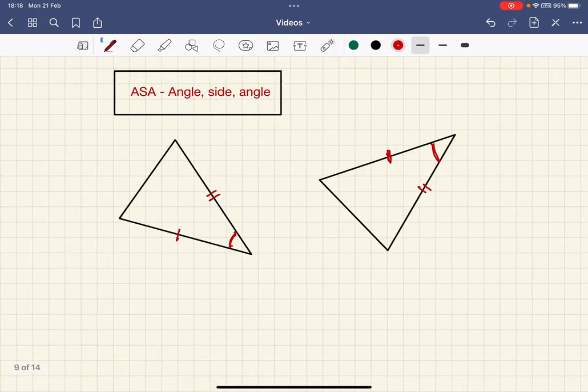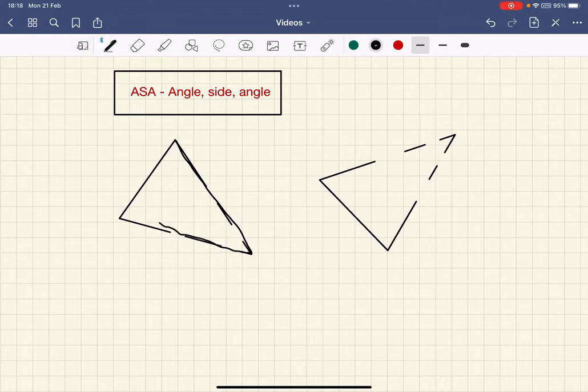Next one is ASA, so this means angle, side, angle. I don't think I've got this drawn right here, so let's get rid of some of these and do angle, side, angle here. Okay, so let's draw that back in.